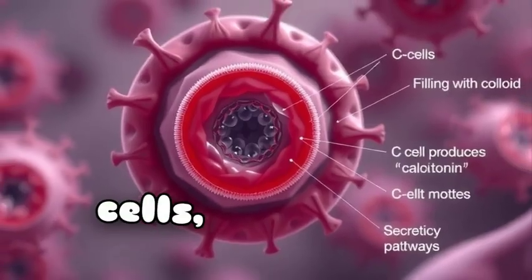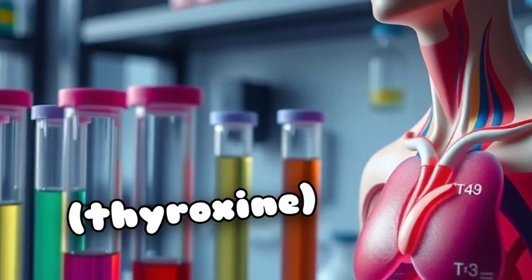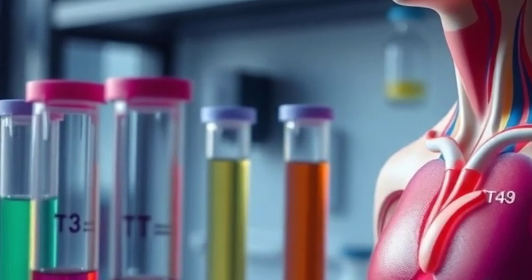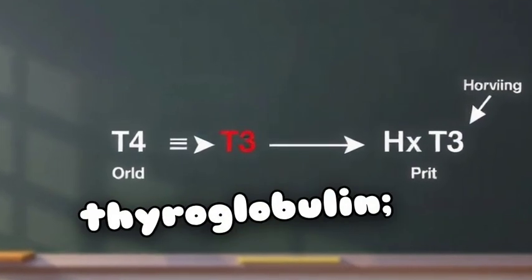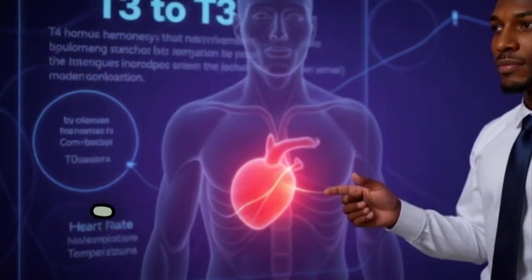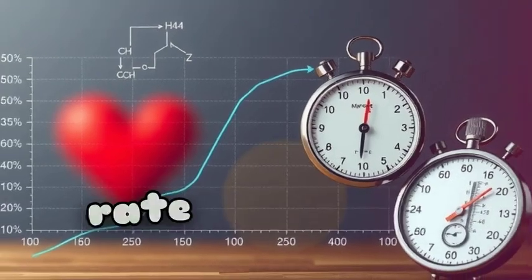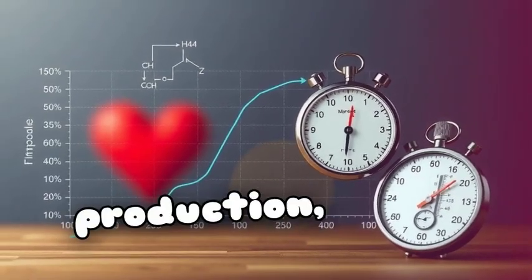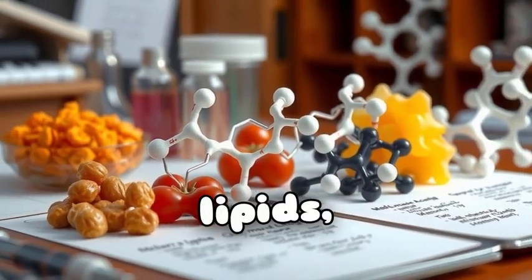Follicular cells produce T4, thyroxine, and T3, triiodothyronine, from iodide and thyroglobulin. T4 to T3 conversion occurs peripherally. T3 is the active hormone. It increases basal metabolic rate, BMR, heat production, heart rate, and metabolism of carbohydrates, lipids, and proteins.